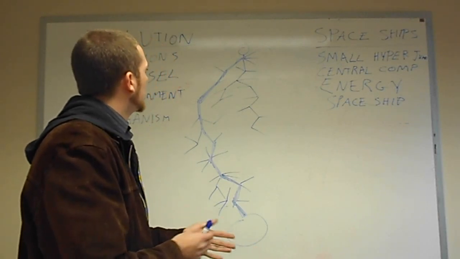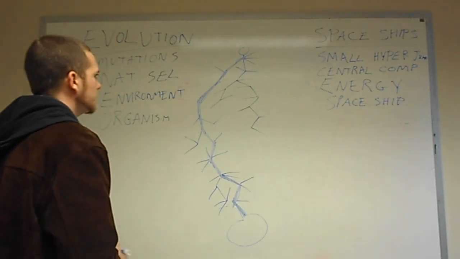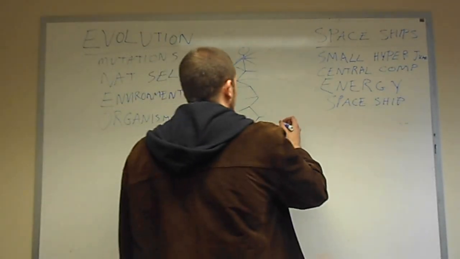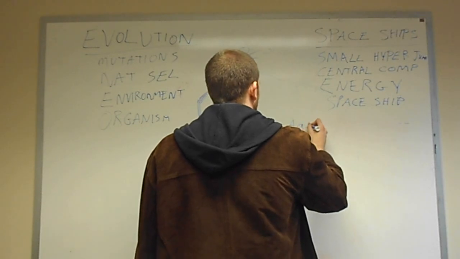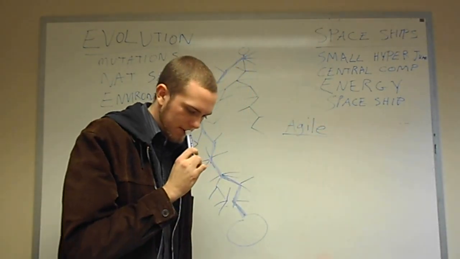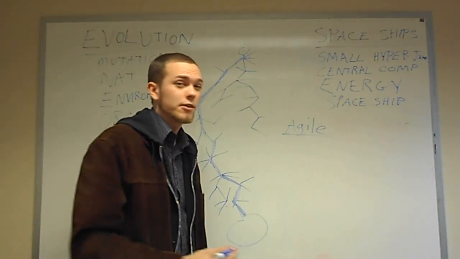So, now let's use what we've learned and apply it to Agile. Let's put Agile over here. So, instead of mutations or hyperspace jumps, we can say we're taking a risk.